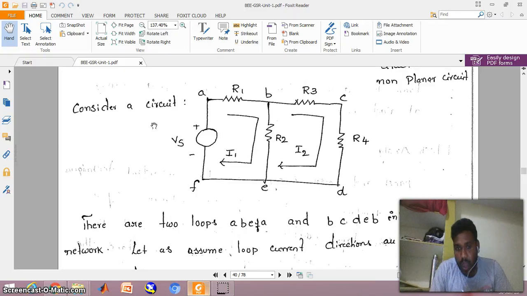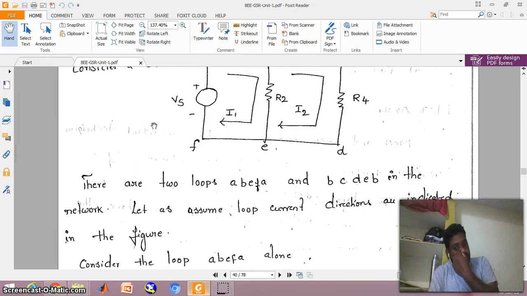Next, two currents flow through R2, I1 upward and I2 downward. So the net current is I1 minus I2, because the loop direction and current direction are similar. So the voltage drop across R2 is (I1 minus I2) into R2.